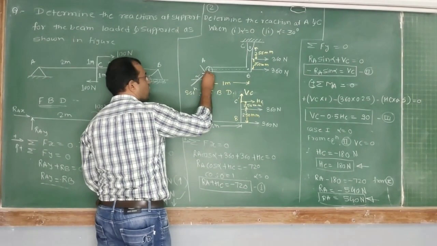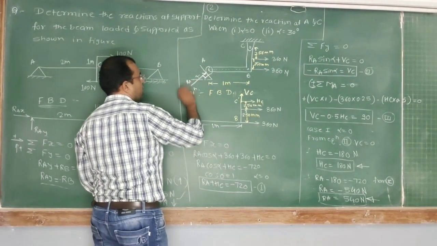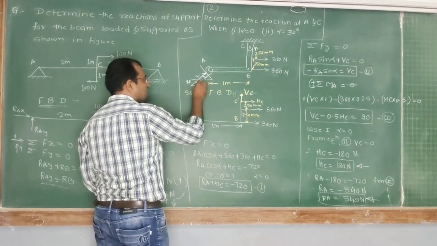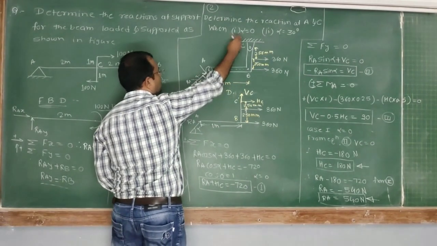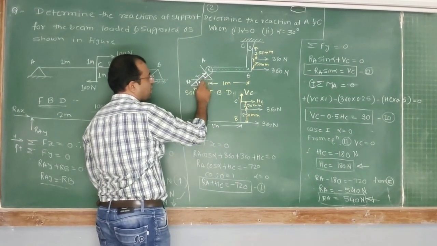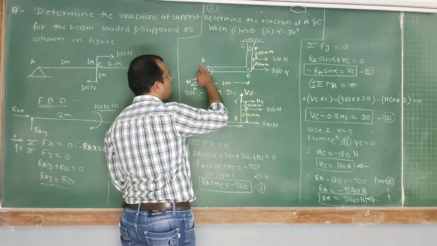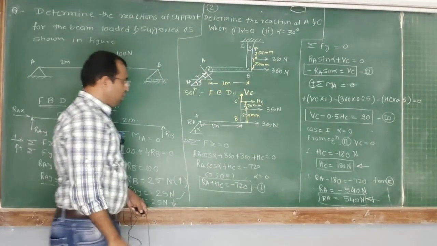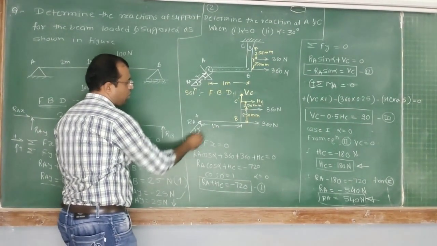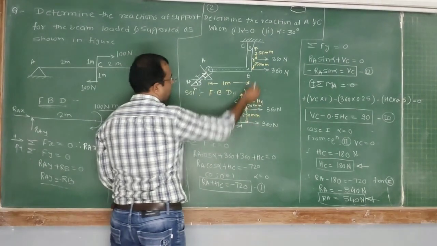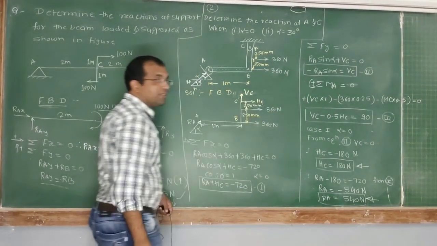So this is the reaction offered by the support A. So this is RA, and this angle is given in first case alpha is equal to 0 and in second case alpha is equal to 30 degree, and accordingly we have to find out the reaction at A and C. This angle is alpha, 360 Newton. Then this is again the force of 360 Newton towards the right.